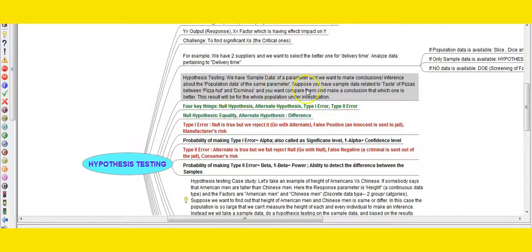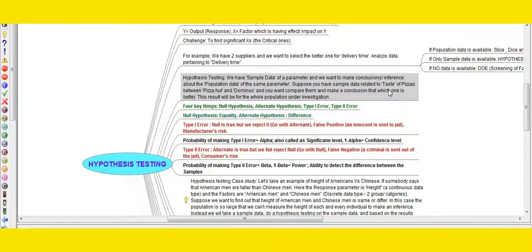In case of pizza, we all eat pizza. So how the taste difference we can see, we can measure the difference between two brands of pizzas. So here what we do, we take sample data for both the brands and then we do hypothesis testing on those data points.